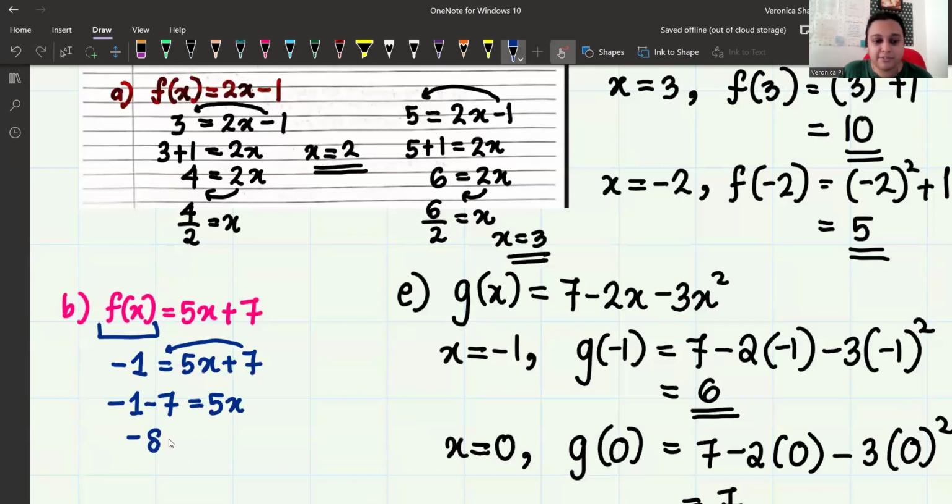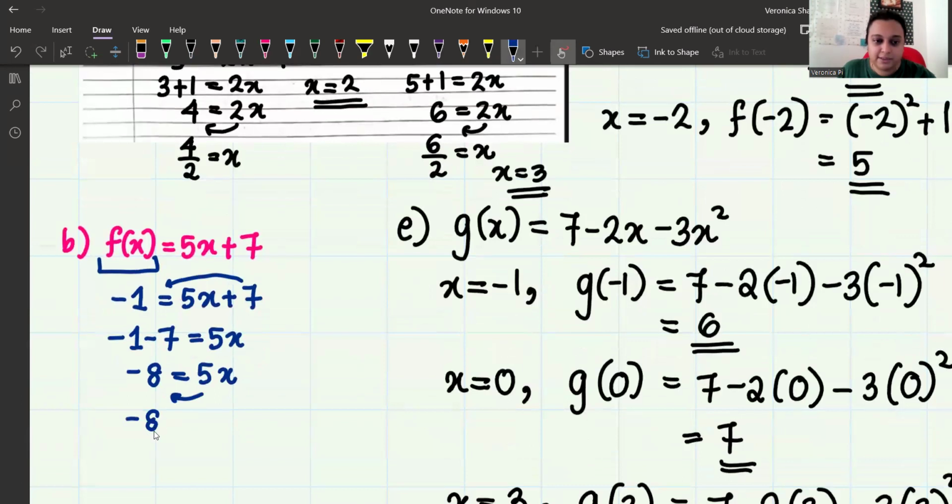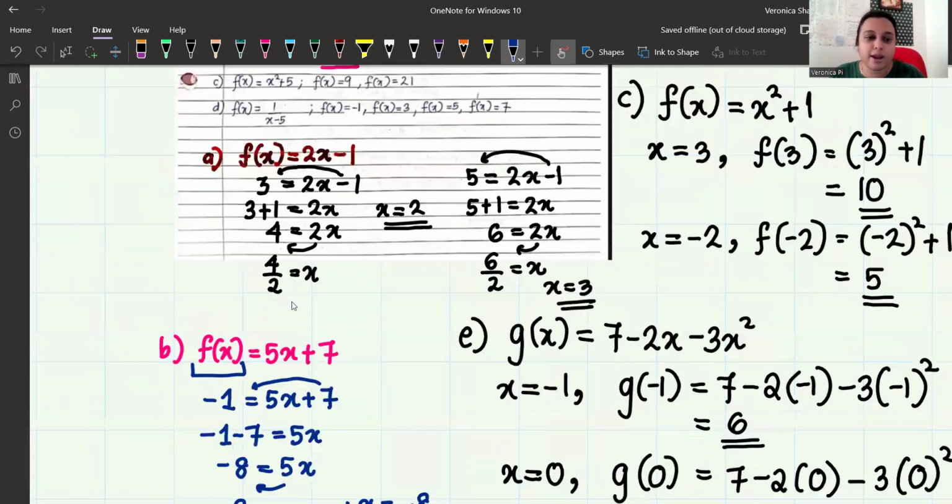Here we get -8. So where should I move the 5? To the front also, so it becomes divide, correct? So -8 divided by 5. Can divide? Cannot divide? So this is your answer. Usually for the final you write like this. You write the x on the left-hand side. That's how you usually should write.